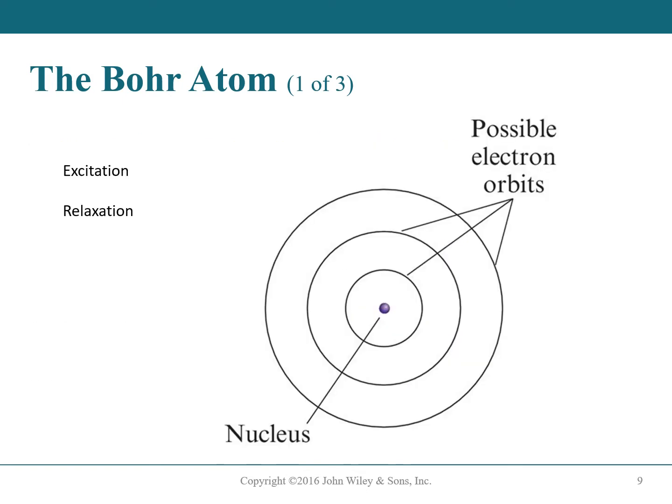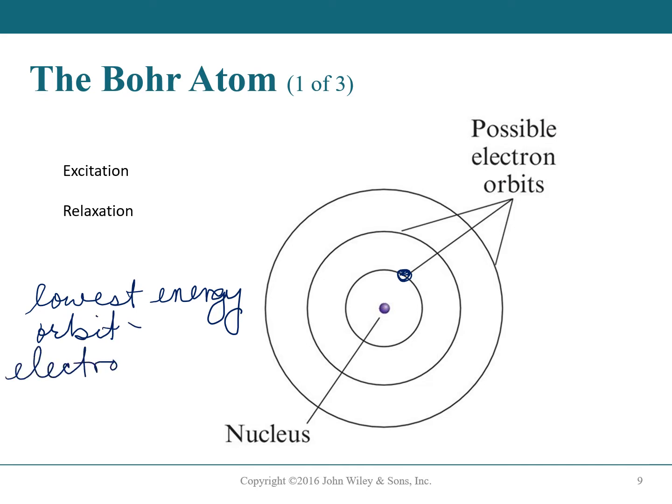Okay. So what we have here then, let's start with an electron right here. When it's at its lowest energy orbit, the electron is in the ground state.